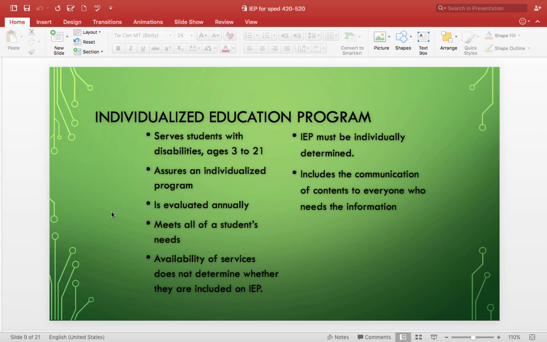Basically, if we think that they might have issues, they can almost always get services in the IFSP. And we have to remember that availability of services does not determine whether they are included on an IEP. Basically, what that means is if a student needs services, they have to put them on there. Even if they're available or not, we have to find a way.